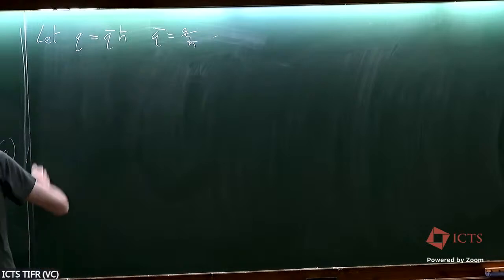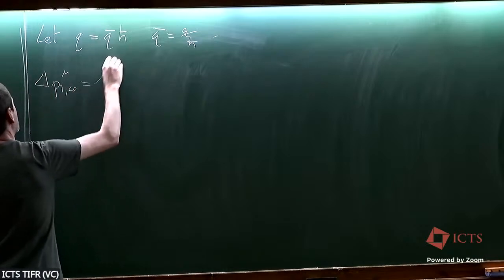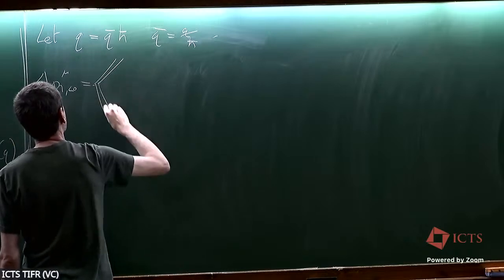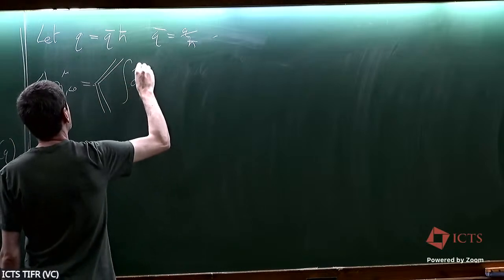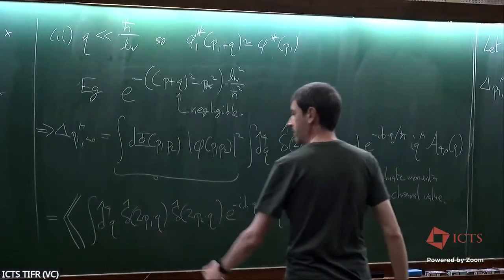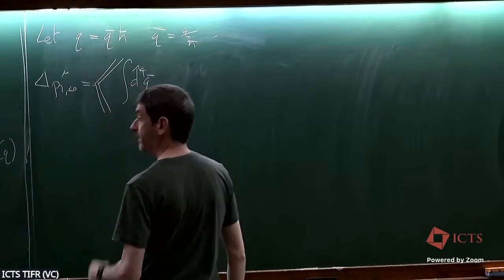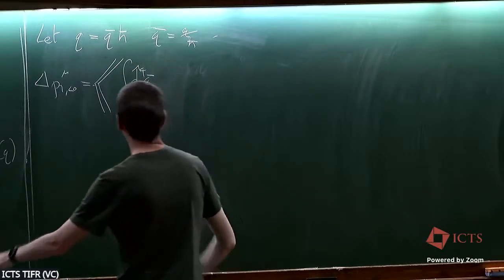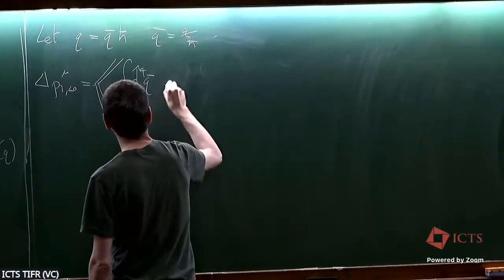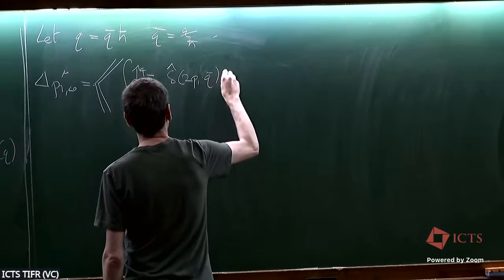Okay, so then delta P1 at leading order will be our angle brackets. I'll change q to q bar, and then in doing that, I'll pick up some factors of h bar. There'll be 4 of them upstairs, but then there's 2 downstairs because I do the same thing for these delta functions.